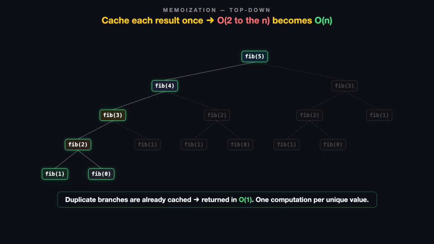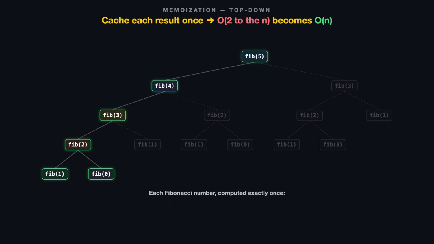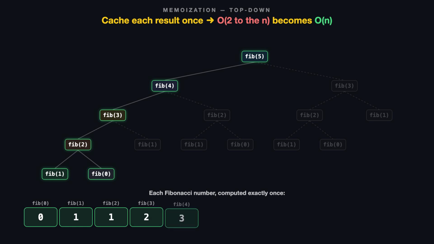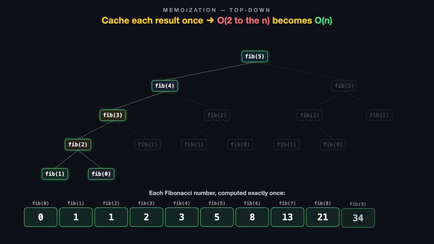Watch what that does to the tree. The first time we reach fib of 3, we compute it and store it. The second time, it is already cached, so this whole branch collapses to a single lookup. Same for fib of 2. All those duplicate branches vanish. What is left is one computation per unique value, fib of 0, 1, 2, 3, 4, 5.